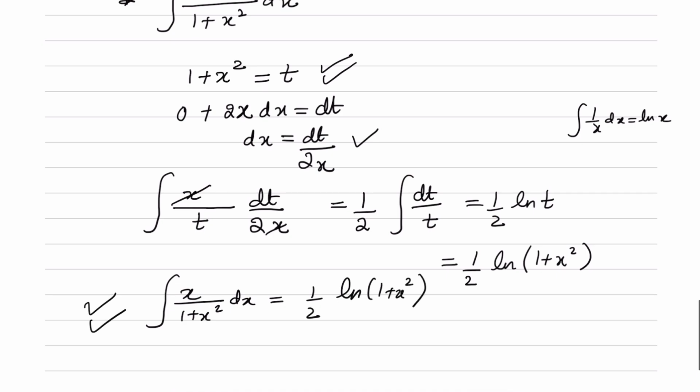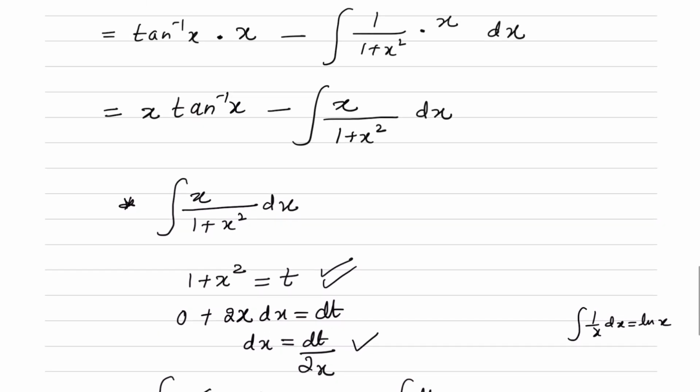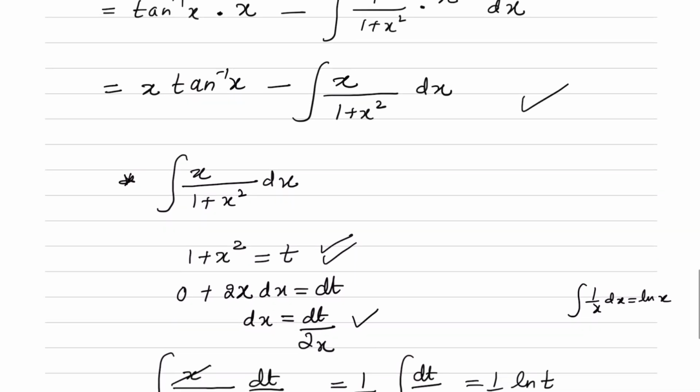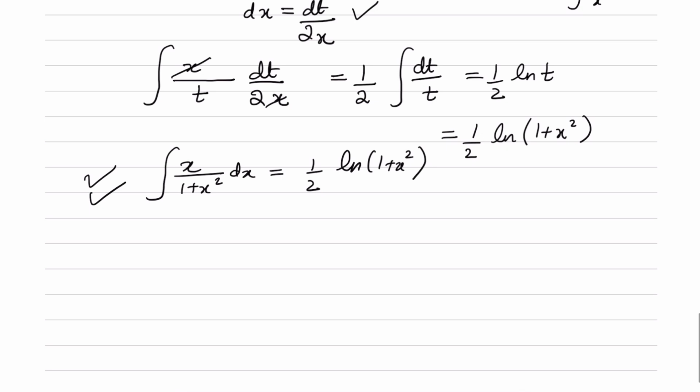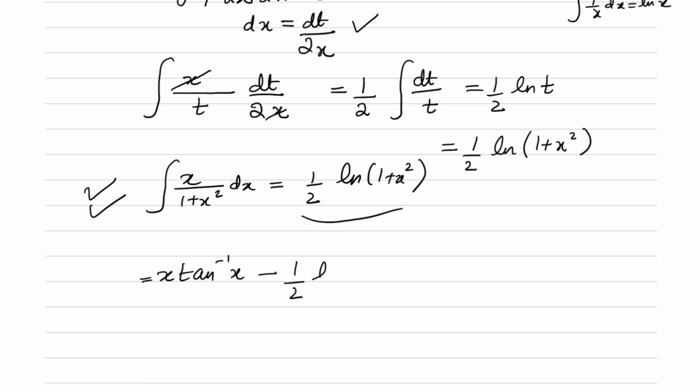We will put this value of the integral back here, which gives us x tan inverse x minus 1 over 2 ln(1 plus x square). We have solved this integral of tan inverse x by integration by parts. So this question is completed.